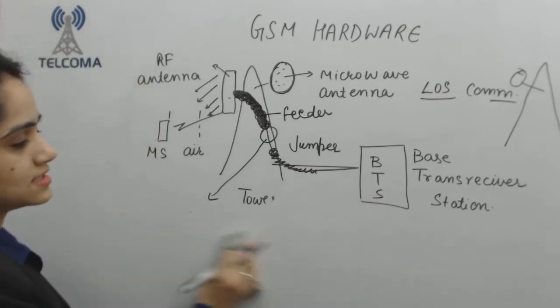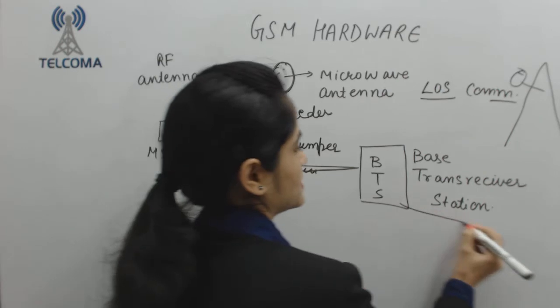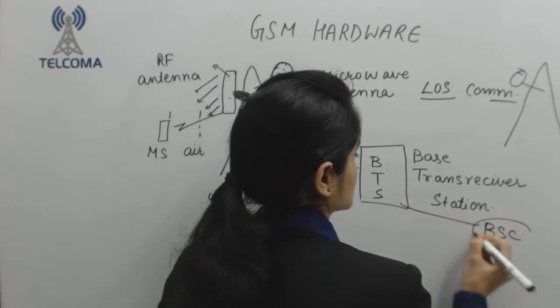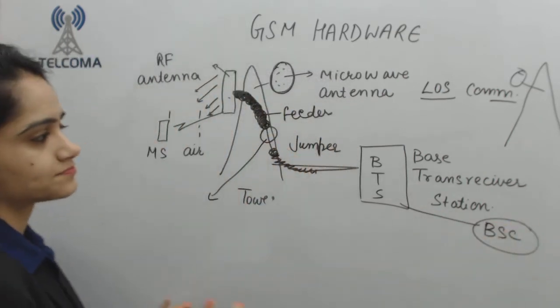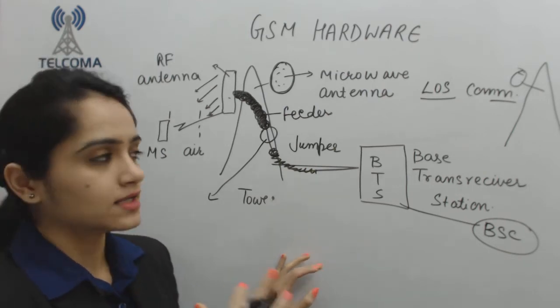So these antennas are controlled by this BTS. Now this BTS is connected to the BSC, base station controller. So these are the hardware components that we require in this system.